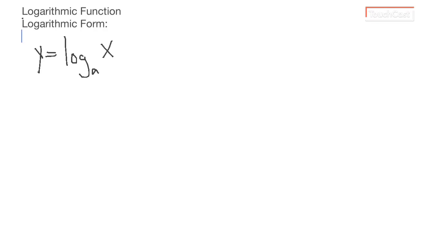So we can do that if its exponential form is written in the following way. To write y equals log base a of x in its exponential form, we would write it as x equals a to the power of y.